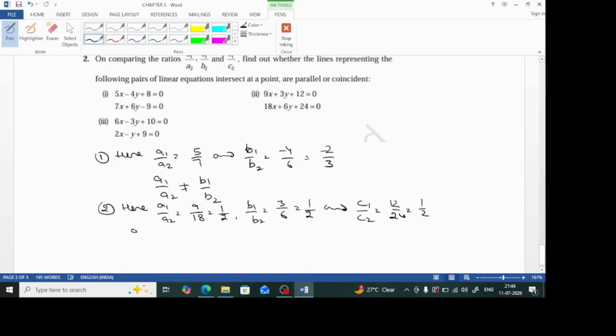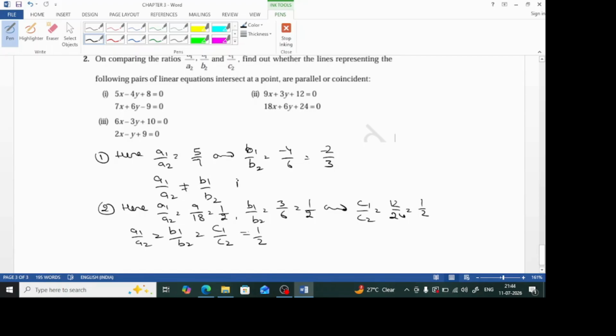Here a1 upon a2 is equal to b1 upon b2 is equal to c1 upon c2. It means the lines are coincident. Lines are coincident means they are overlapping each other, so it has infinitely many solutions.